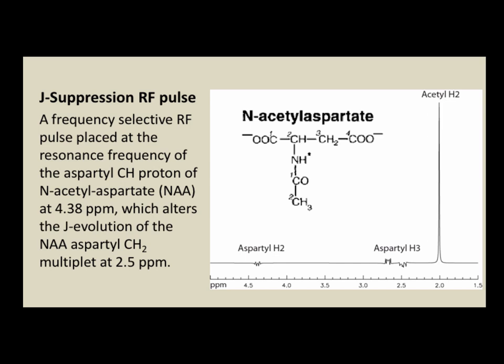The way we want to eliminate this signal at 2.5 ppm is to apply an RF pulse which is frequency selective at 4.38 ppm. Because it's frequency selective, it will not affect anything in other places. However, due to the J-coupling of this H2 proton and these two H3 protons, if we select the right RF path, these signals at 2.5 ppm might be reduced.